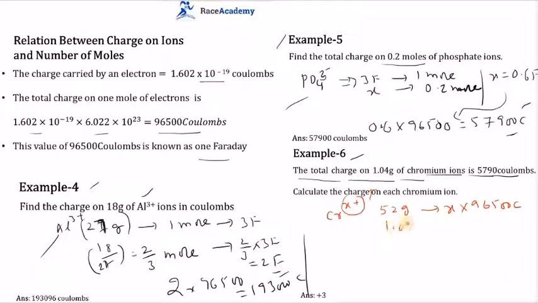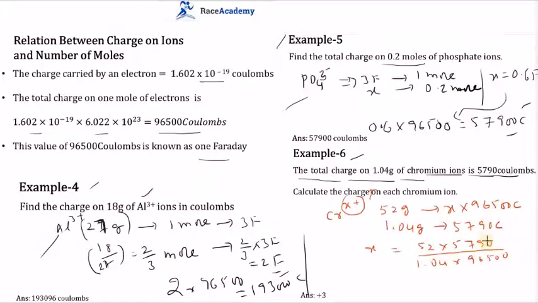But in the problem they have given 1.04 grams of chromium, meaning that 1.04 grams of chromium exhibits how many coulombs? That is also given as 5790 coulombs. If you find the value for this, X is equal to 52 into 5790 divided by 1.04 into 96,500.